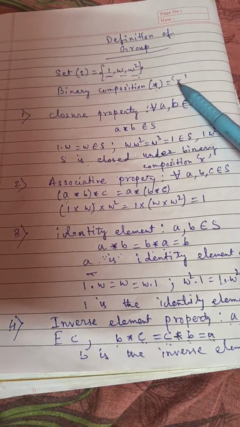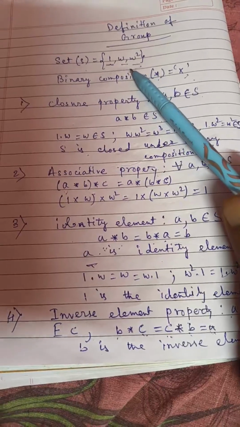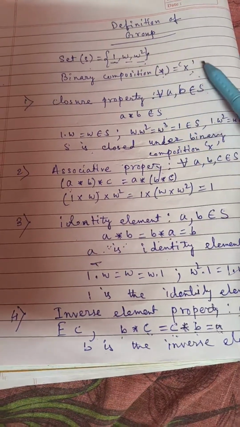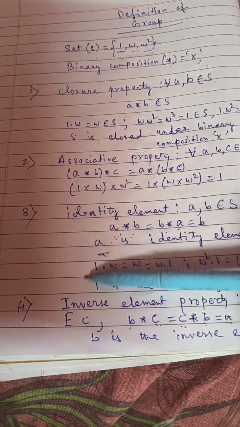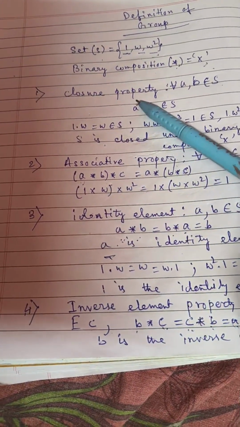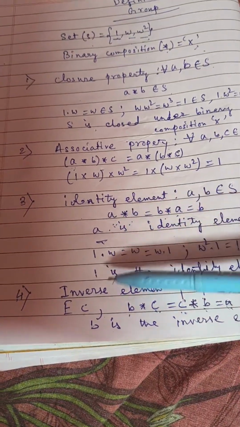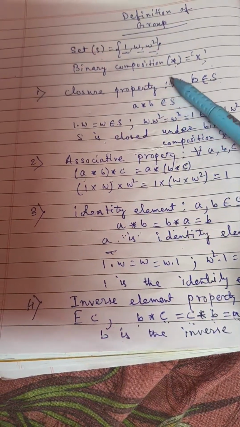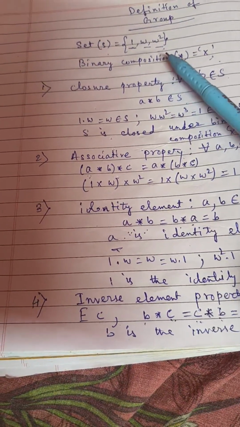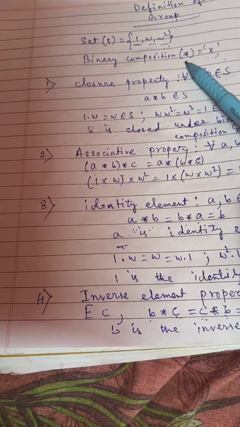So in this way, there are four properties. The set {1, omega, omega square} under binary composition multiplication satisfies these four properties: closure property, associative property, identity element property, and inverse element property. So we can simply say that S generates a group under binary composition star.